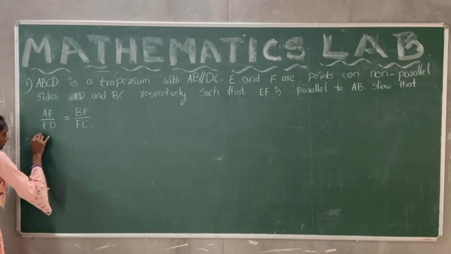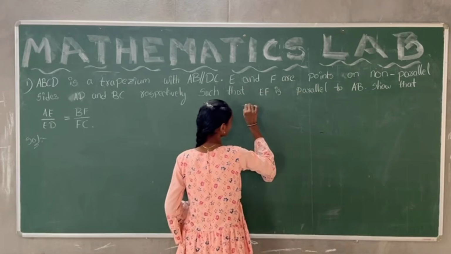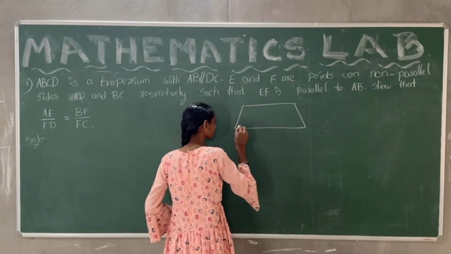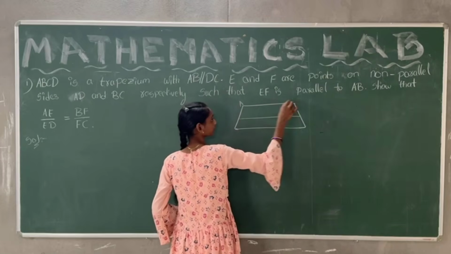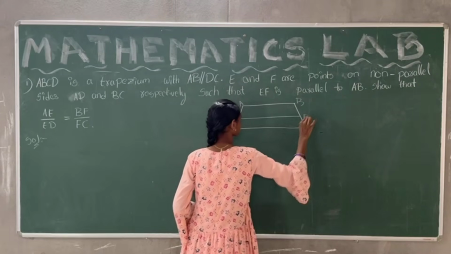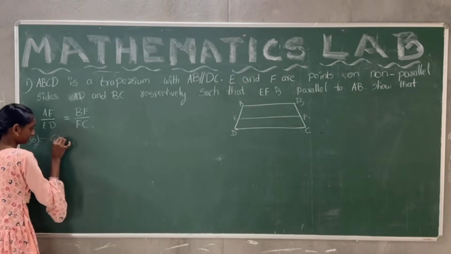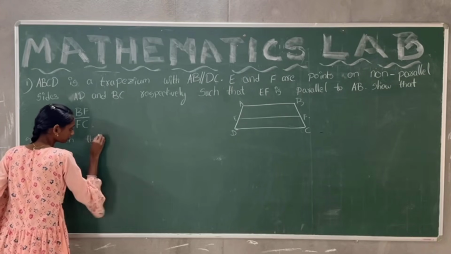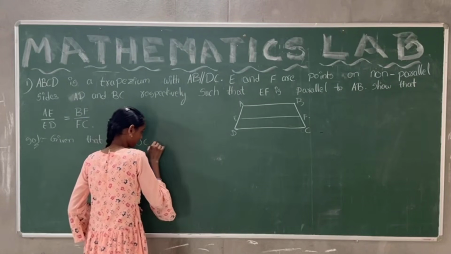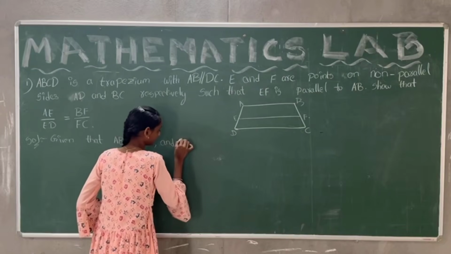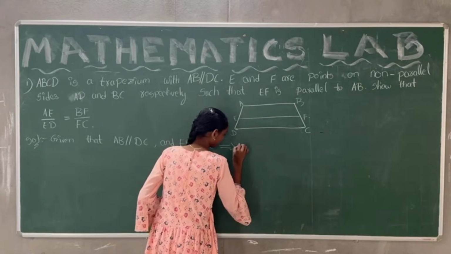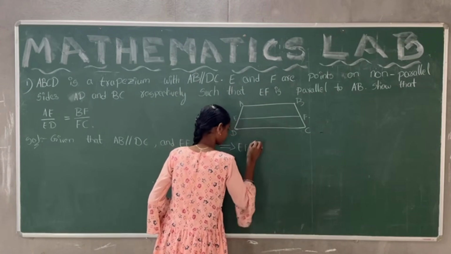Solution. Given that AB parallel to DC and EF parallel to DC gives rise to EF parallel to AB.